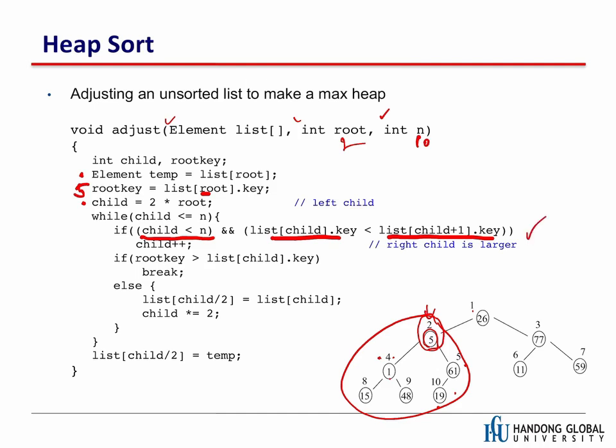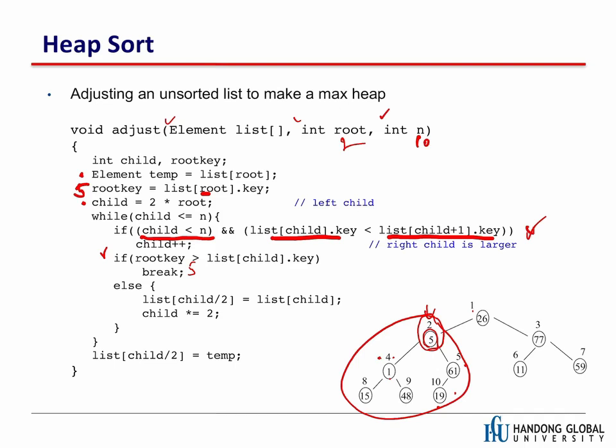We are comparing the keys, not the index. So we get this case, and then child is now 5. Next we are comparing the root key, which is 5, to the child's key, which is 61.